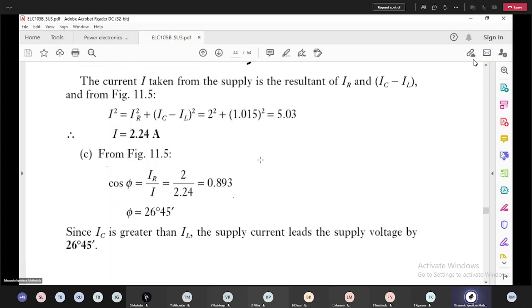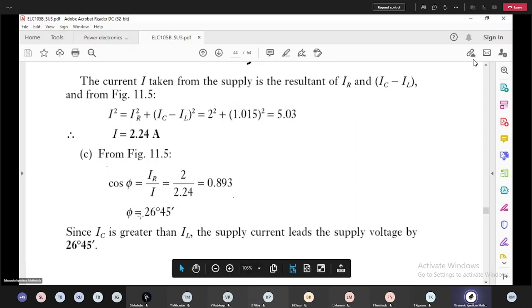And we can calculate what the phasor angle is in the leading part. We know what IR is, we know what the total current is. We can use the cosine function, and then we can find what this angle is, the leading angle.